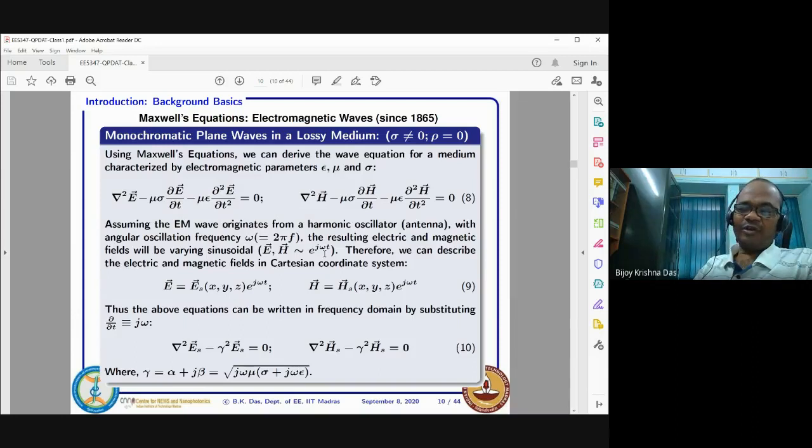To include that phase and treat them mathematically smoothly, it is easier to express them in the exponential term, e to the power j omega t. So that is just for mathematical ease, we consider e to the power j omega t. Otherwise, for the real quantity, we need to take the real part of it. That is what we need to know. So now, if you think about both electric field and magnetic field as e to the power j omega t.